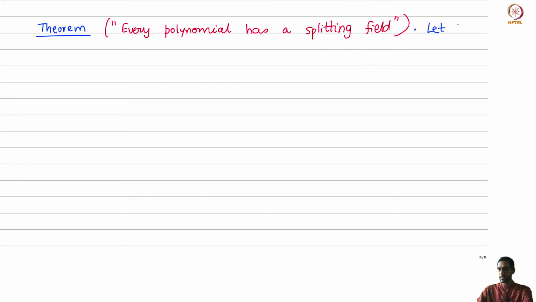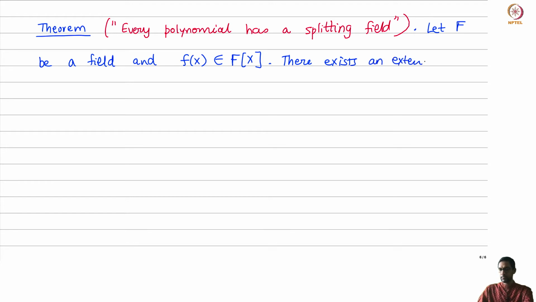So let F be a field and let f(x) be a polynomial, and there exists an extension K of F which is a splitting field of f.